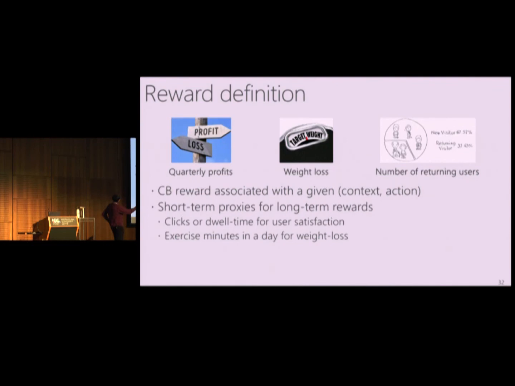And in all of these cases, that's just not true. Your quarterly profits are associated with many, many events that happened over a quarter. And you have no idea what role any individual action might have played in realizing this metric.